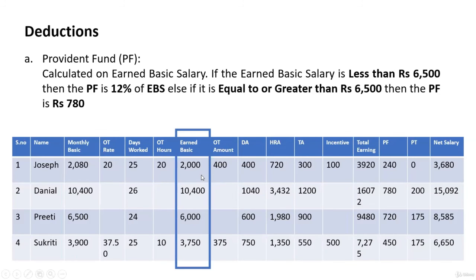If the earned basic salary is less than 6,500, as here, then the PF will be calculated at 12% of the earned basic salary. So the 12% will be calculated on 2,000 rupees and your PF amount will become 240 rupees. Like this, if your earned basic salary is greater than 6,500 rupees, then your PF will be 780 rupees.